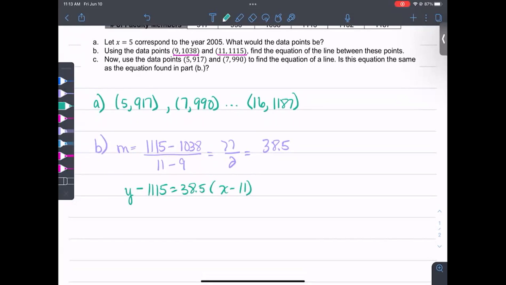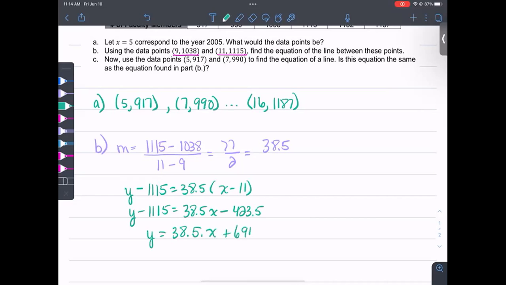Like I said, you could use the 9 and 1038, and when we simplify to slope-intercept form, they'll give you the same thing. Distributing my slope and adding the 1115 to the other side, my linear equation would be y equals 38.5x plus 691.5.